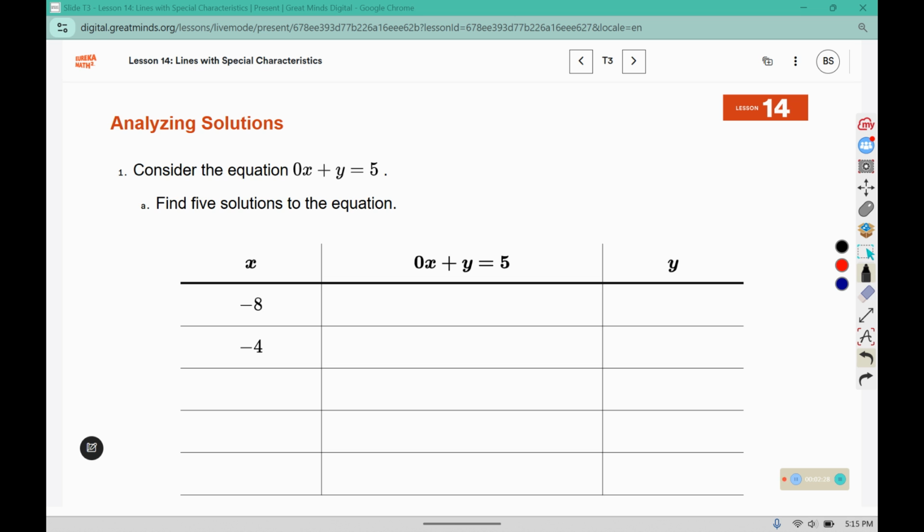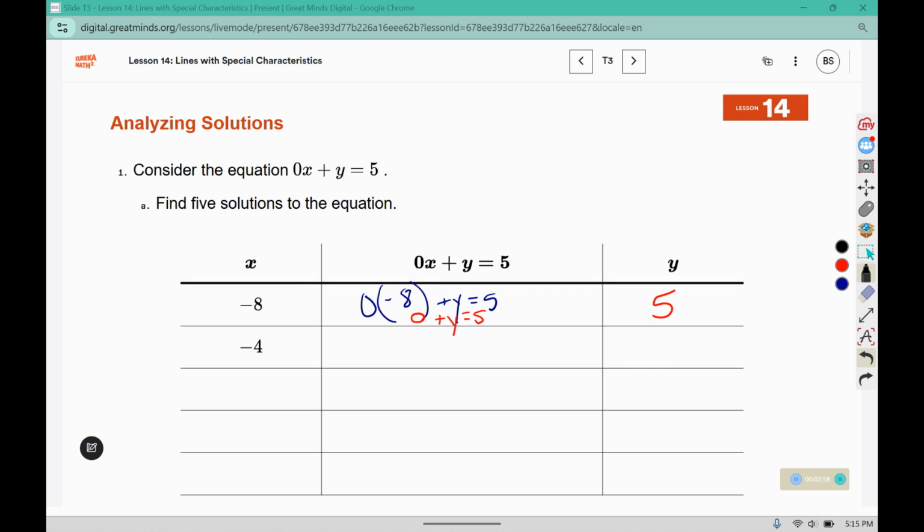So here we have the equation 0x plus y equals 5. So if we plug in a negative 8 in the x position, 0 times negative 8 is just 0, and 0 plus y equals 5, means that y has to be 5.